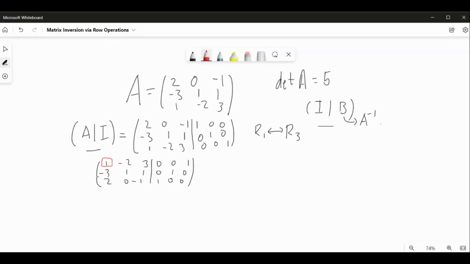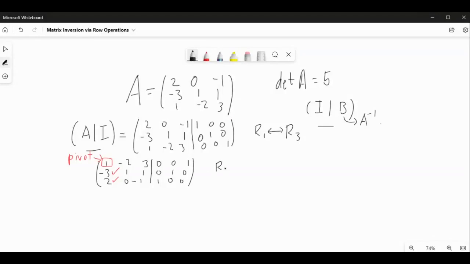And so this becomes our pivot element. So this is our pivot element. And the objective then is to make the other elements in that column, namely minus 3 and 2, both equal to 0. And we do that by the following operations.